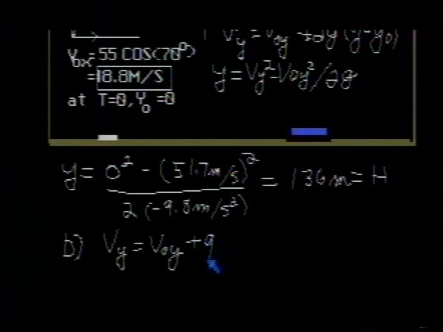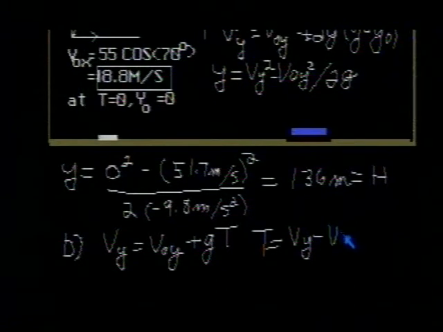In this equation, we know v sub y, that's 0. We know v0y. We know g. We do not know t. If we solve for t, we have that it is equal to vy minus v0y divided by g.